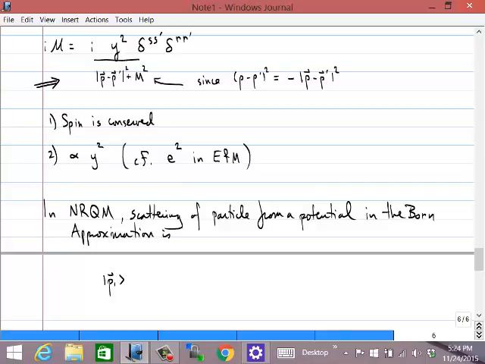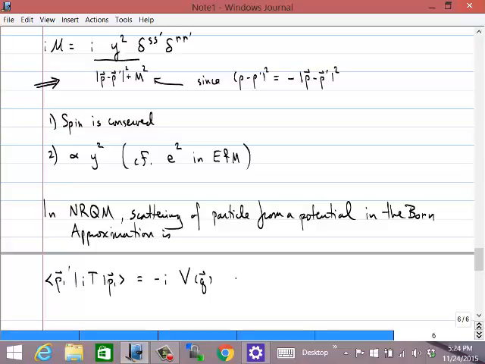You throw an electron at it, then it'll scatter off, and the scattering amplitude, the transition amplitude, the amplitude for it to scatter into some new state with momentum p1 prime is given by, well, there's a factor of the Fourier transform of the Coulomb potential, or the scattering potential.